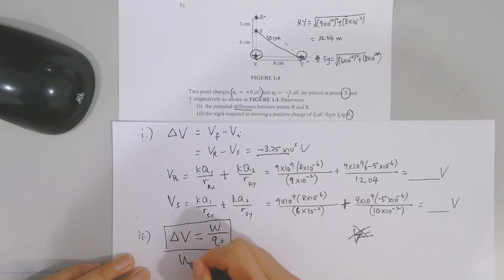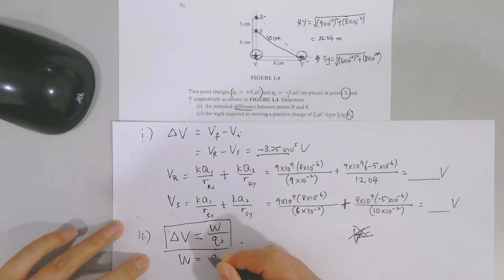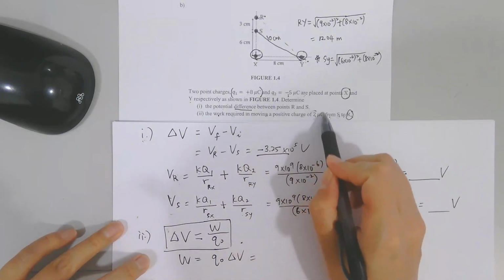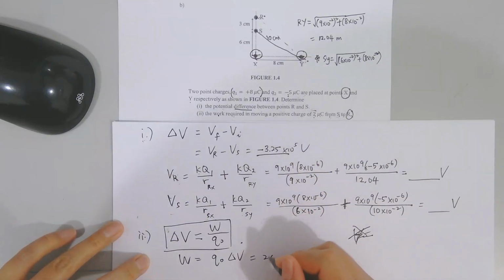Okay, jadi untuk kita kira work done, guna je charge yang kita bawa atau charge yang kita transfer darab dengan delta V je. Apa nilai charge yang kita Q naught yang kita pindahkan? 2 micro. Micro stands for power of negative 6.